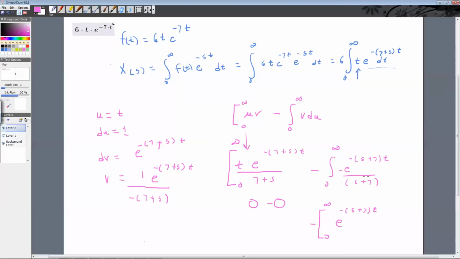When we integrate this, we have to get back to where we came from if we took the derivative of it. So we get s plus 7 squared.